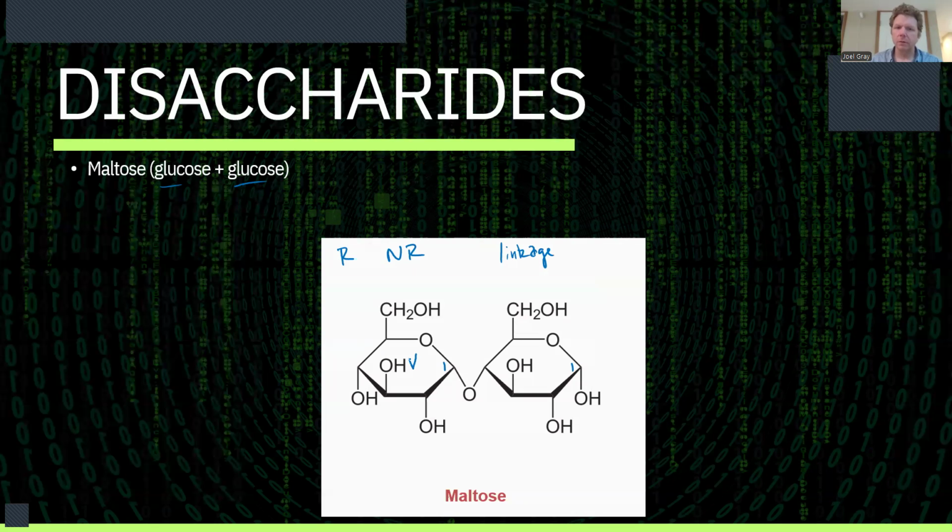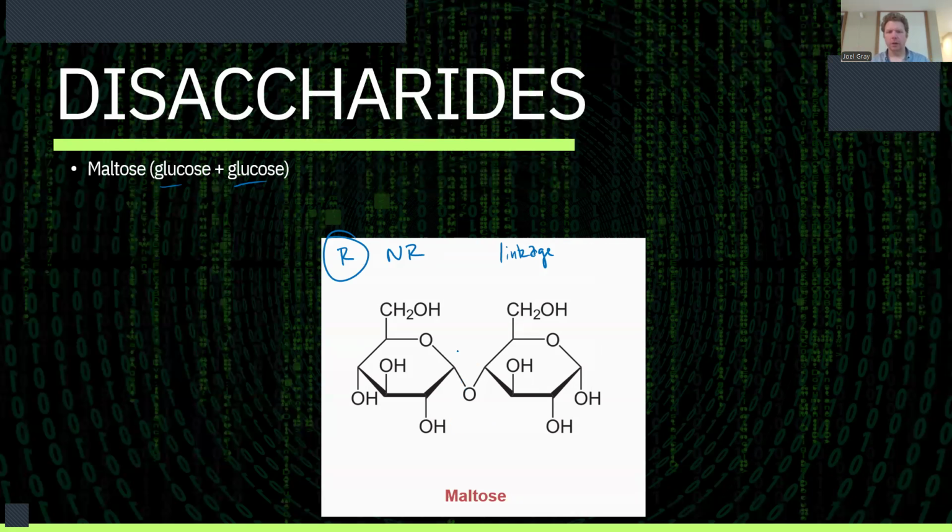Well, the one on the left is. What about the one on the right? Oh, that's a free anomeric carbon. When we identify a free anomeric carbon, it can participate in a redox reaction, which is why this is the reducing end, because it opens and closes. So this is a reducing sugar.